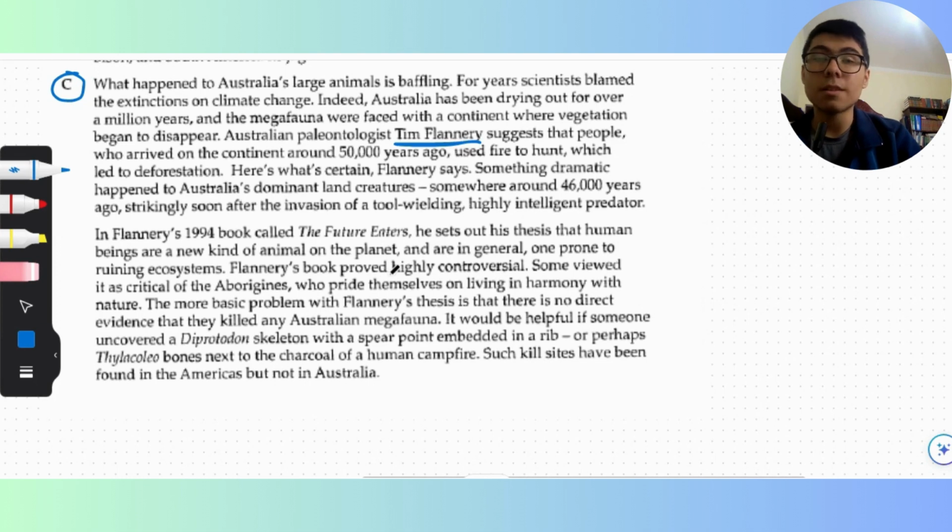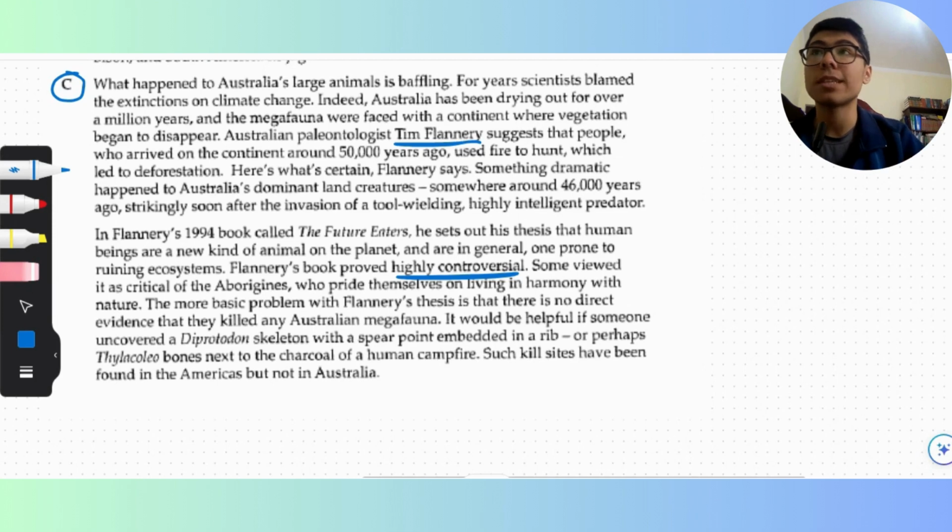So Tim Flannery's book was controversial to many people. Some view it as critical of the Aborigines who pride themselves on living in harmony with nature. And many people believed that it was critical to the Aborigines.